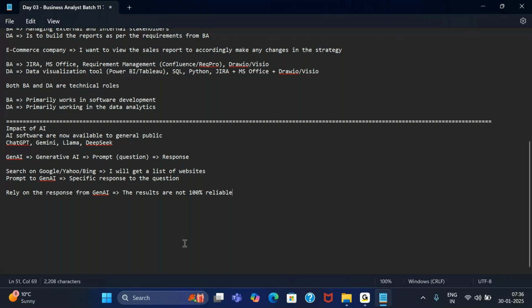All the responses that you get from Gen AI depend on the data that was used for training. If that data is flawed, or has incorrect statistics or incorrect information, then obviously Gen AI will give you false or unreliable responses as well.